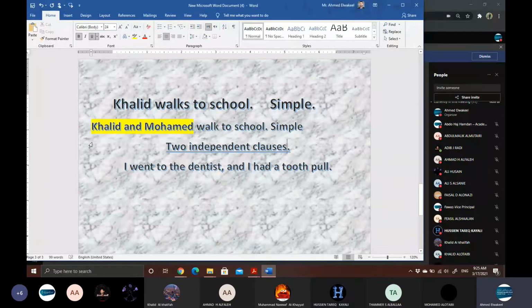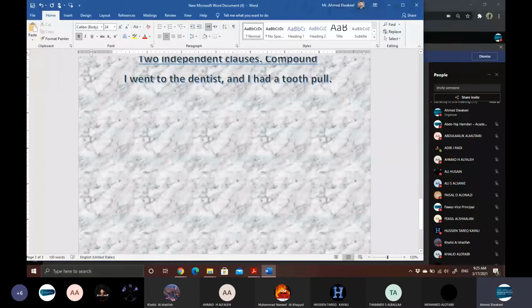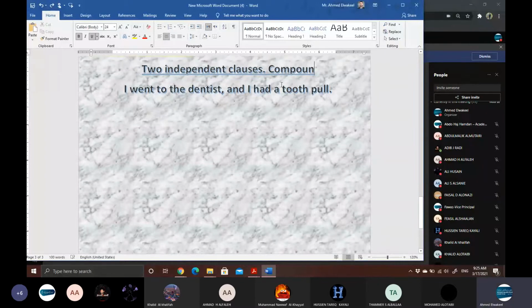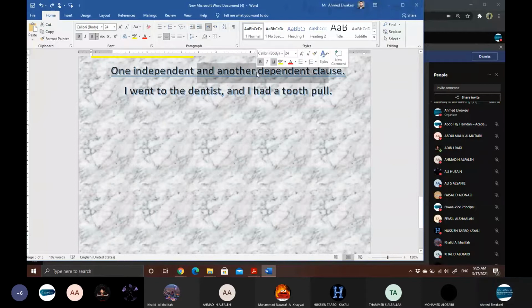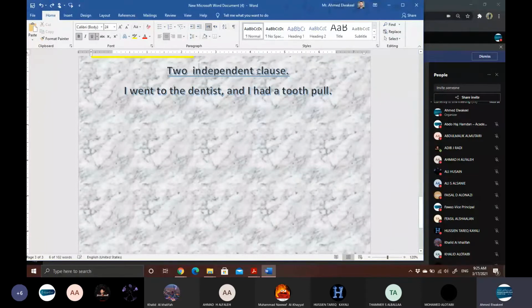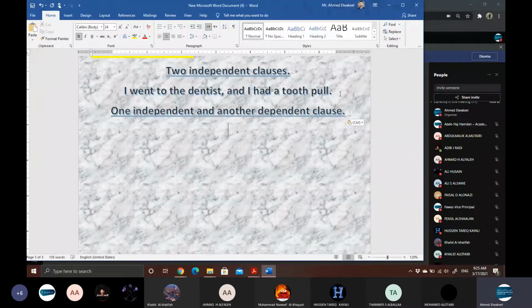But to have the complex, we will have what you said first: one independent and one dependent clause. That's the complex sentence. Now I need a sentence for the complex sentence.